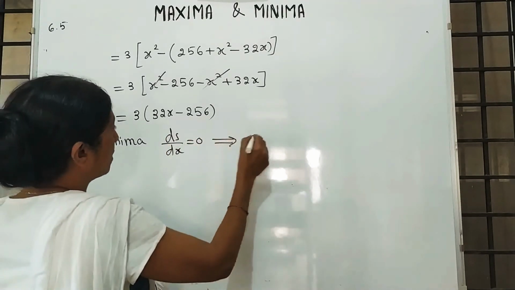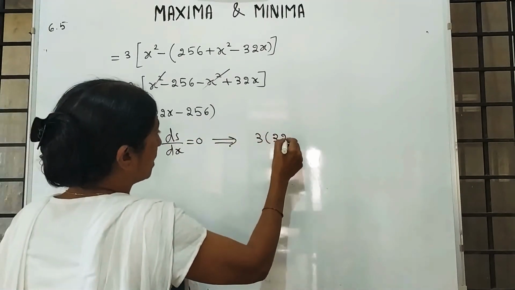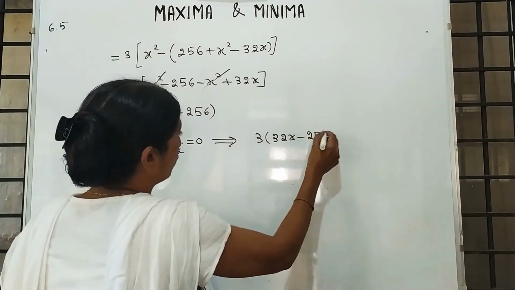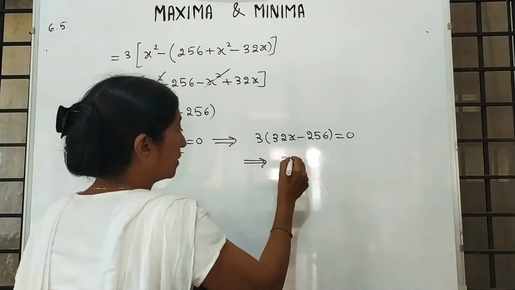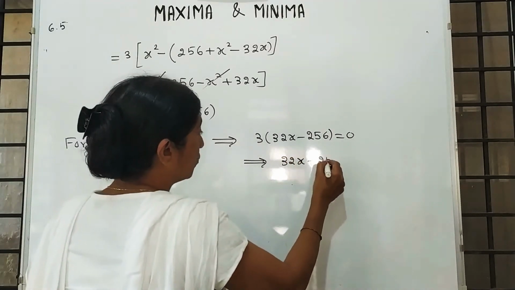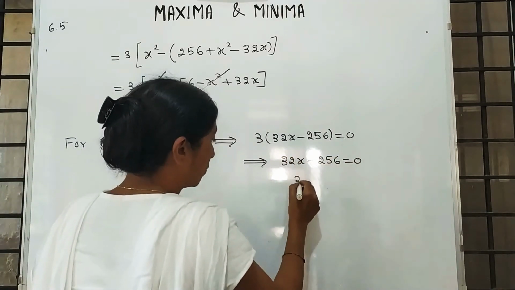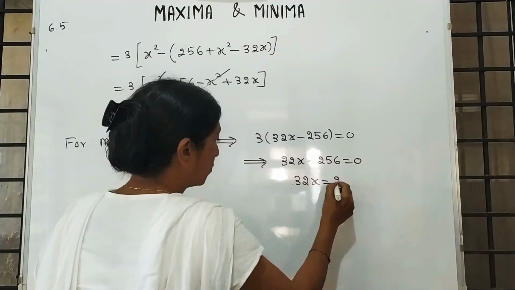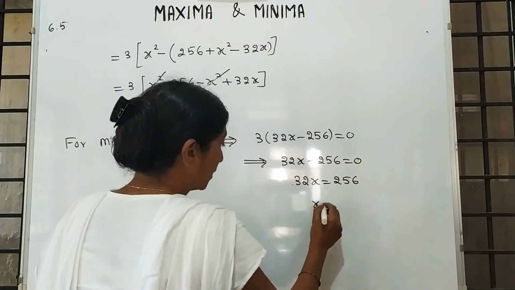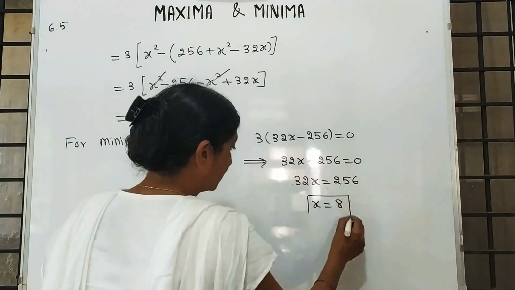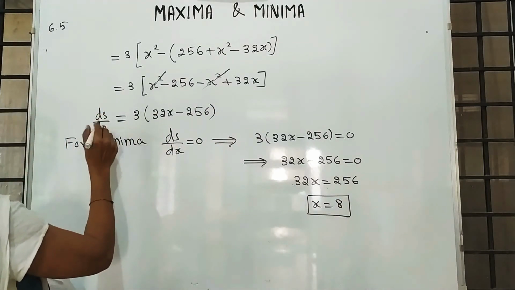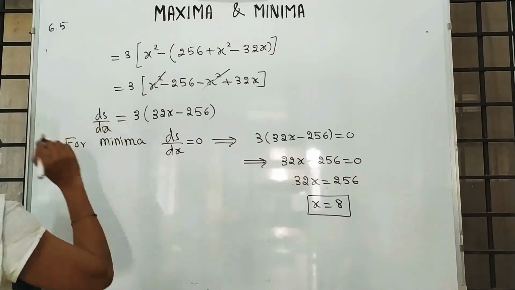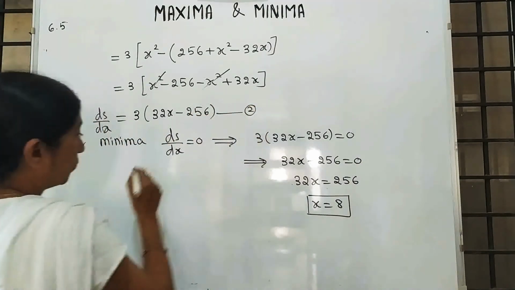This implies 3 into 32x minus 256 is equal to 0, so 32x minus 256 is equal to 0, or 32x is equal to 256, x is equal to 8. This is the first derivative, and this is equation 2.